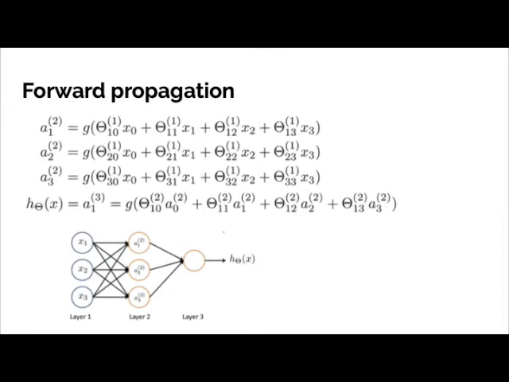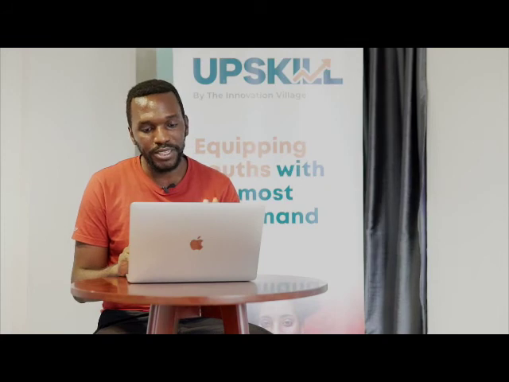So the sigmoid function then returns the output, which we see as h theta x. So this is a forward propagation, and so for each of the inputs, in terms of batches, it goes through this forward propagation and produces h theta x.